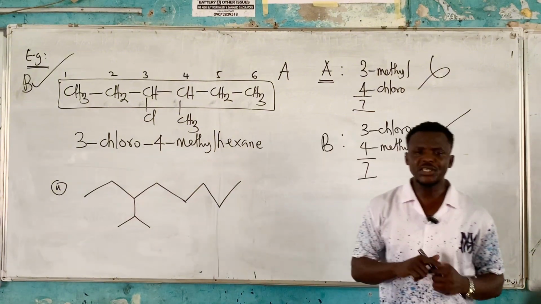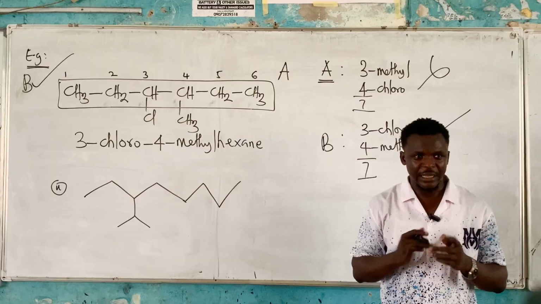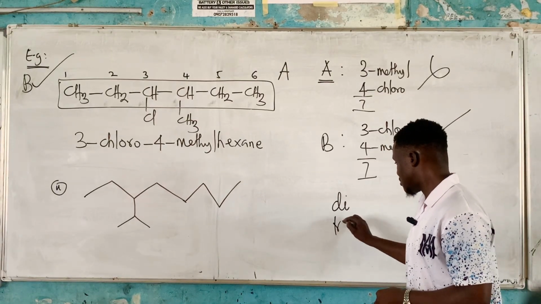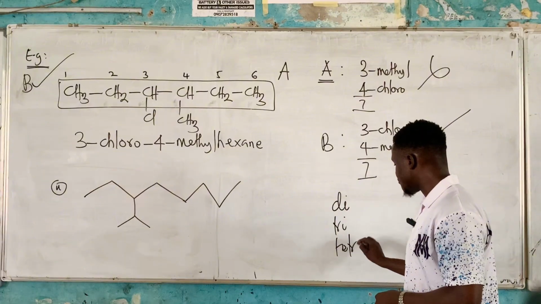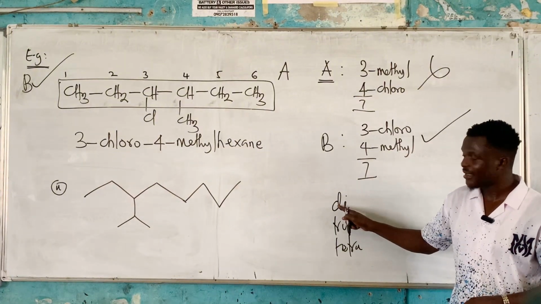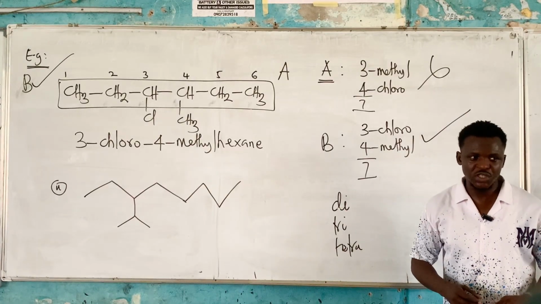Class, one more important stuff I would like to tell us. Please listen. Whenever you're arranging in alphabetical order, you don't consider di, tri, tetra. For example, if I have di, this di is not the name of the substituent.